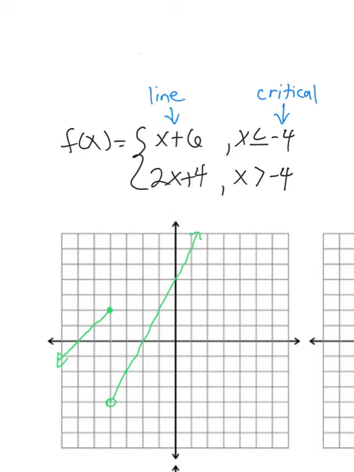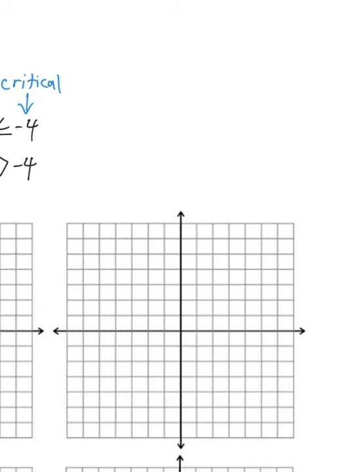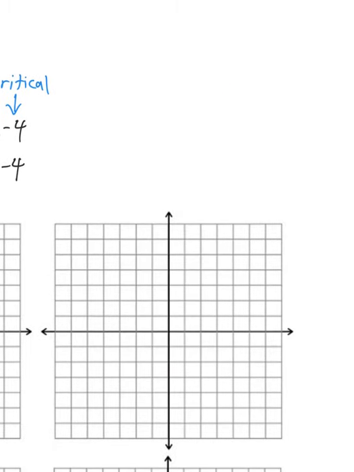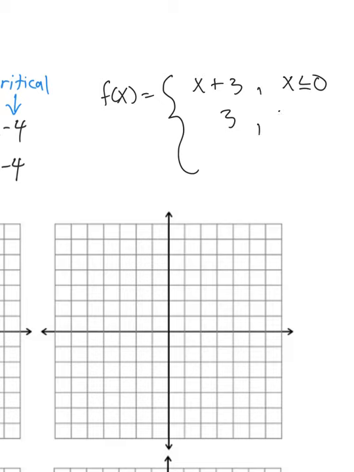Let's try another example here. Moving over. Our example will be if f of x equals x plus 3 when x is less than or equal to 0, 3 when 0 is less than x less than or equal to 2, and 2x minus 1 when x is greater than 2.